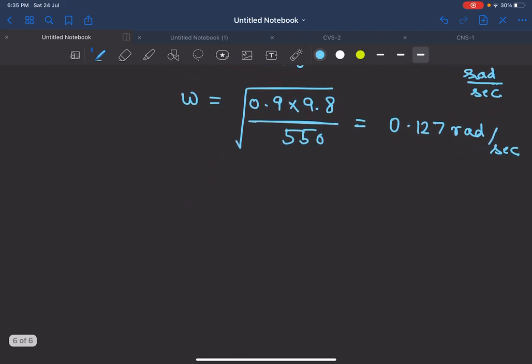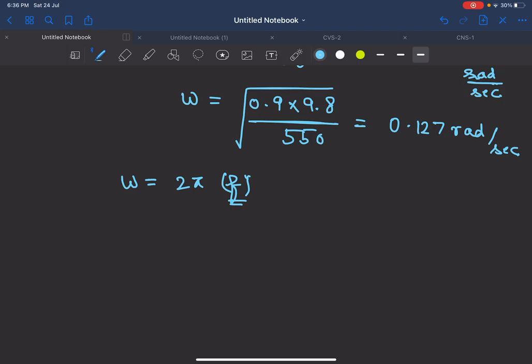Now we do not have to do anything. We know that omega is equal to 2 pi into frequency, because angular velocity is the angle covered in certain time. We do not want to know about the angle, we want to know about the number of revolutions. And as angle covered in an entire revolution is 2 pi, dividing omega by 2 pi gives us the number of revolutions per second.